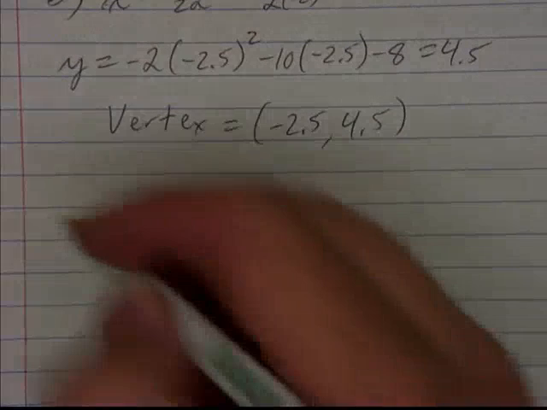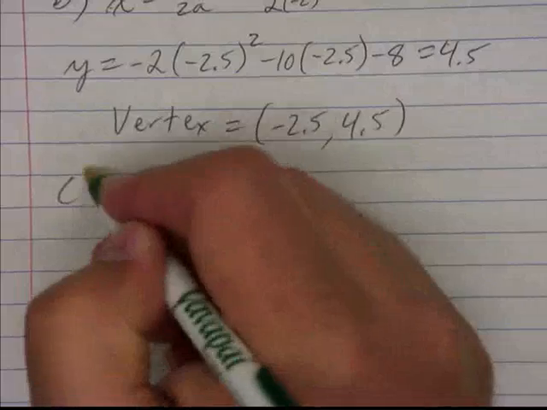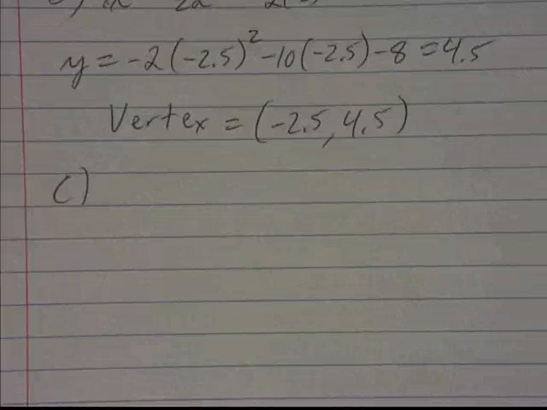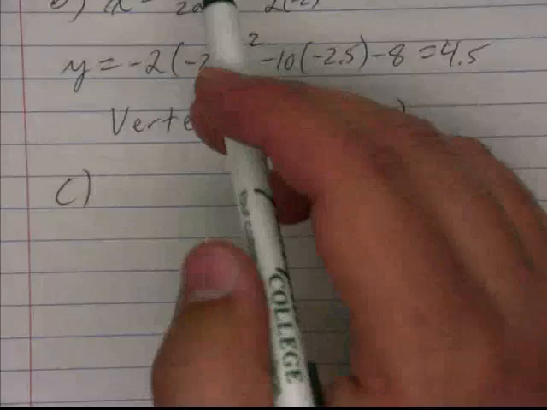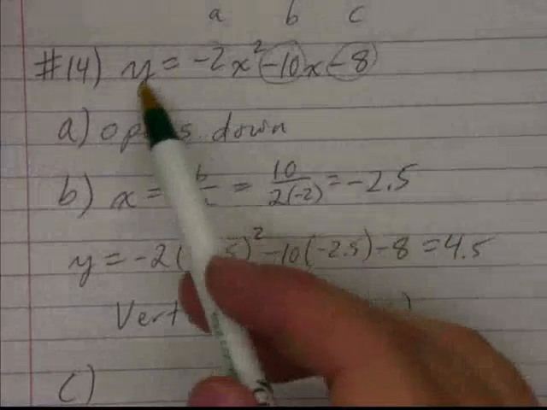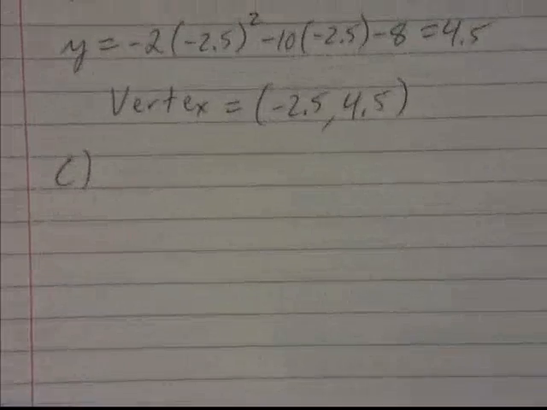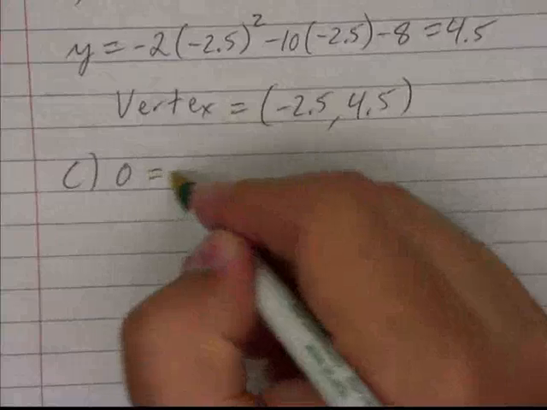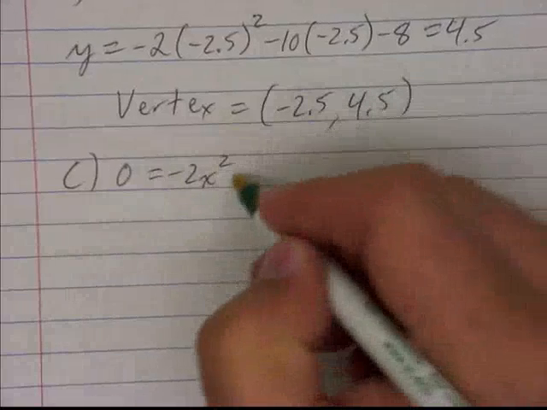All right, the next question is, what are the x-intercepts? For the x-intercepts, I'm going to let y be 0. So I'm going to stick a 0 in here for y, which gives me a quadratic equation.